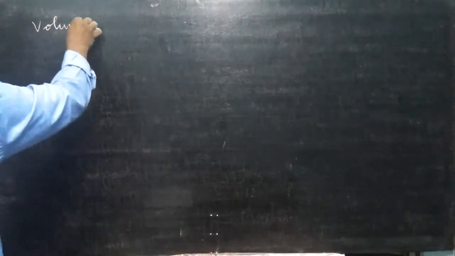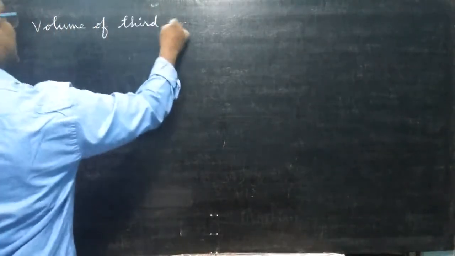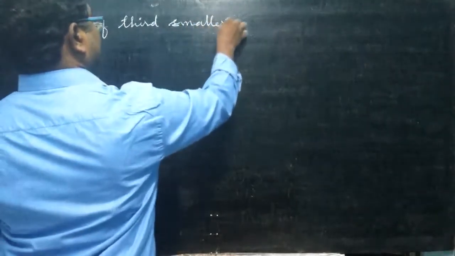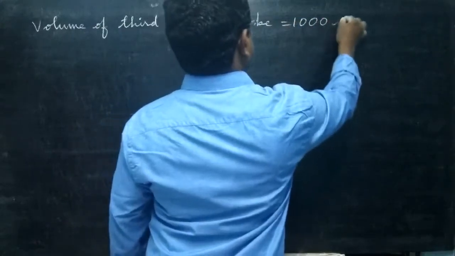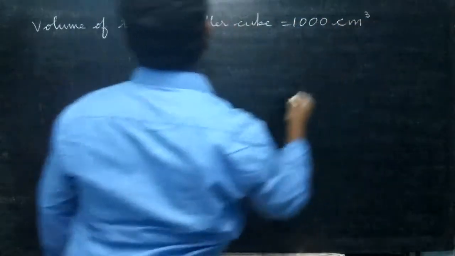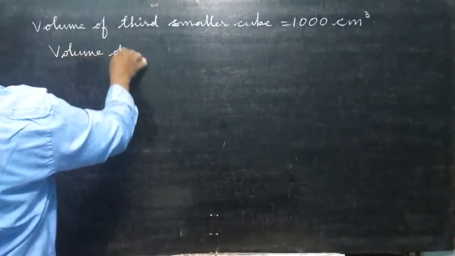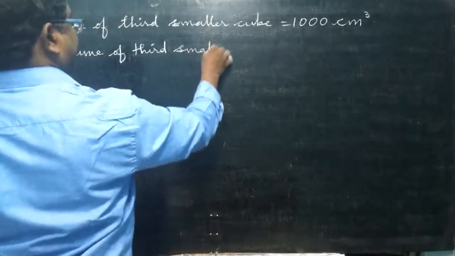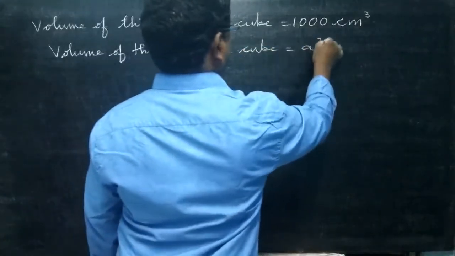Now we got the volume of the third smaller cube. How much we got? 1000 centimeter cube. Now we know the formula for the volume of the third smaller cube is equal to a cube.